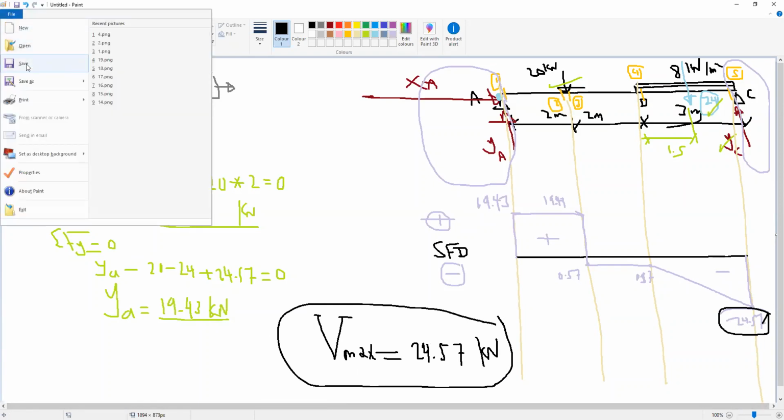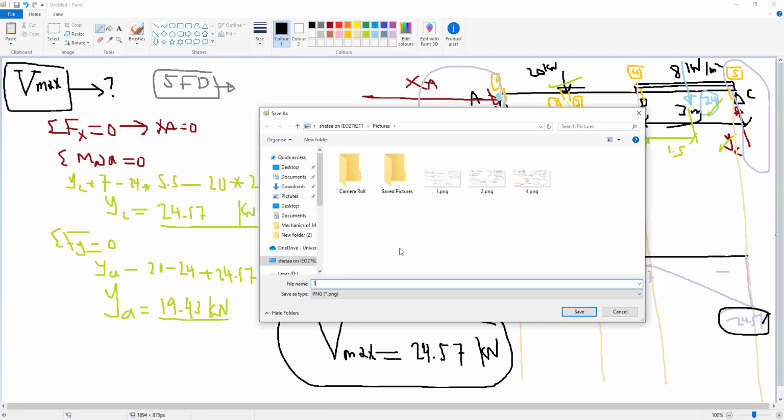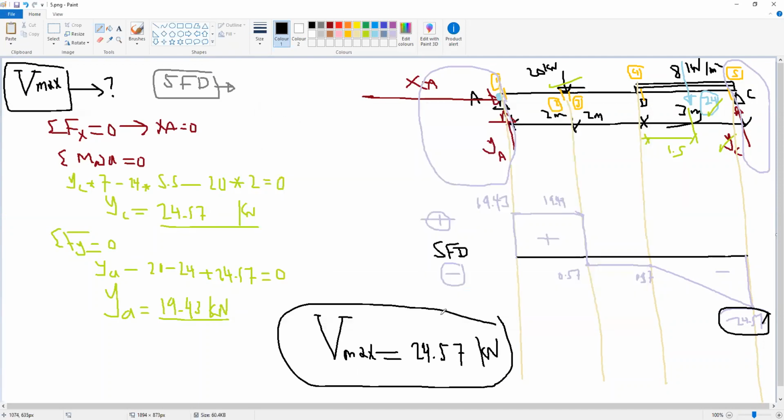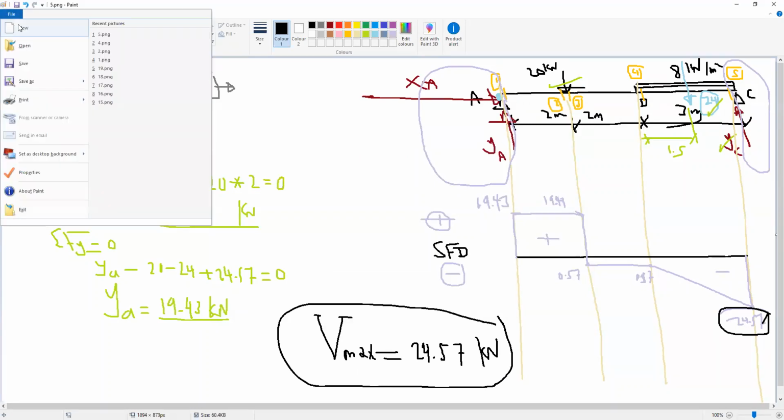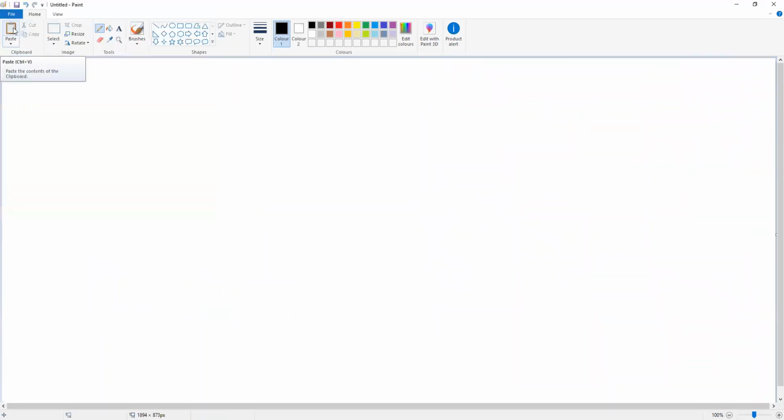Okay, so now we finished the shear force calculation, and now we can shift to the second step. The second step is to find the shear stress, the maximum shear stress. We are given the shape of the section, a T section.